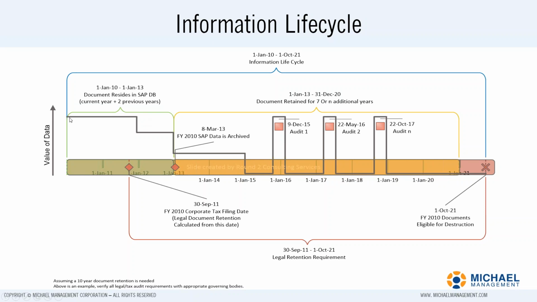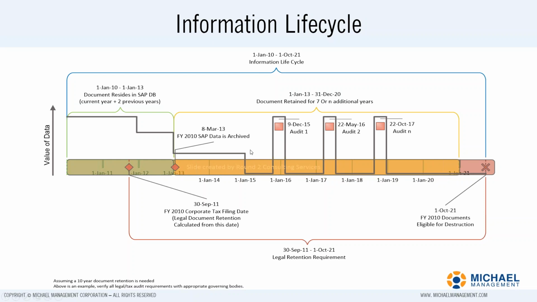The area in green is highlighted to represent the document residence period, so how long data is going to reside in the SAP database as we know and love it. And then we have a milestone here to highlight an event where we actually archive the data, where data remains accessible in the archive files, but is no longer in the SAP database.